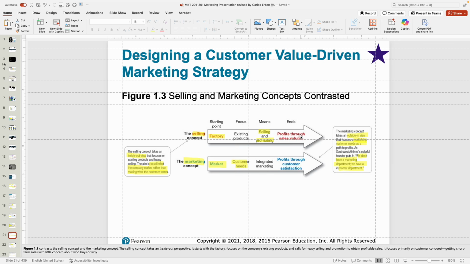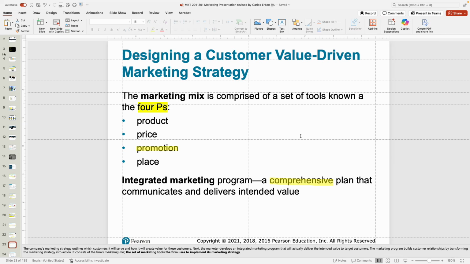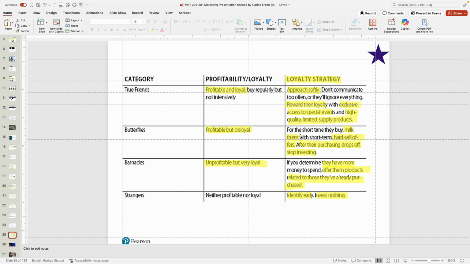So instead of focusing on the customer, somebody gives you a really good product and says, okay, now you figure out how to sell it, okay? So again, typically we have society needs or nonprofit needs, consumer satisfaction, and then the company usually cares about profits when it's for profit, okay, not society.